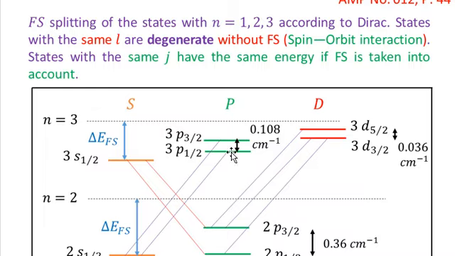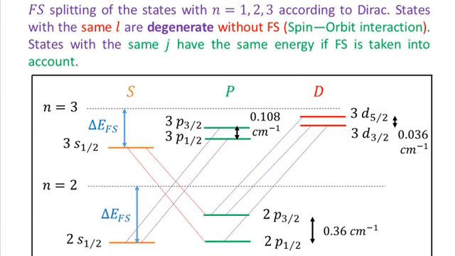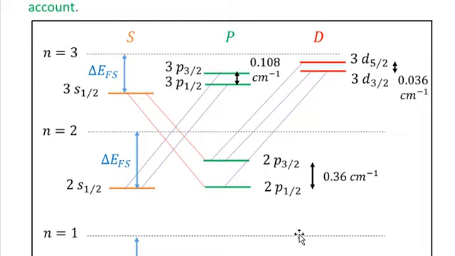So there is no difference of energy between the same values of J. That is, the level D3/2 and the level P3/2 exist at the same energy level in this diagram. And again, in the lower level, the level P1/2 and the level S1/2 also exist at the same energy level.